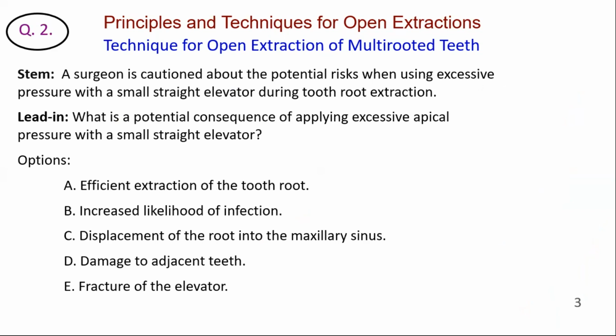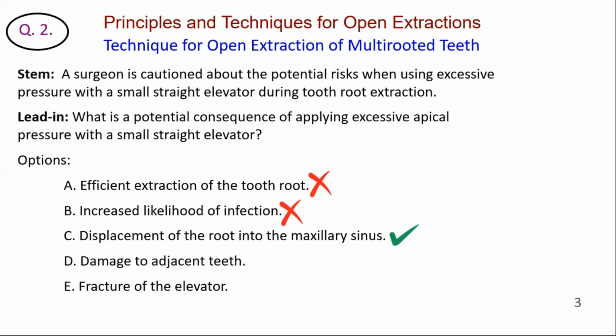What is the potential consequence of applying excessive apical pressure with a small straight elevator? Excessive pressure does not guarantee efficiency, not directly related to the pressure applied.